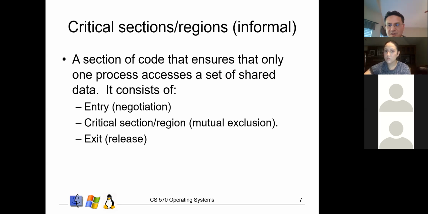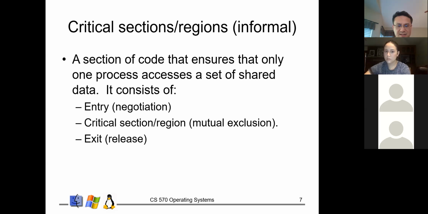That means that section, what we call the critical section, cannot have multiple processes accessing it at the same time. Now, we need to make sure we understand that critical sections are not necessarily the same among all the processes.